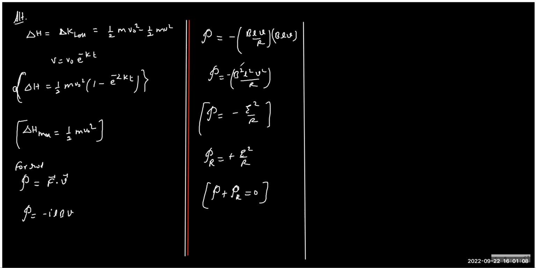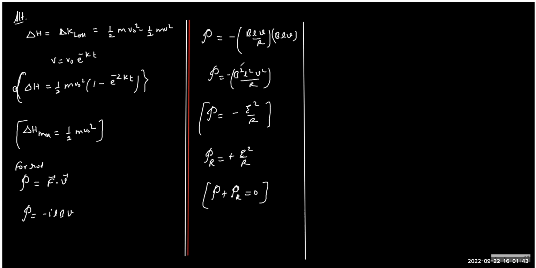If something is linearly decreasing, I know initial is V naught and final is zero, and it's a linear equation. So exactly at halfway distance, the velocity will also become half. Do you agree? Yes, sir. And therefore, till you travel half of the maximum, how much heat will dissipate? The answer is half m V naught square minus half m V naught by 2 whole square. Is this clear? Yes, sir.